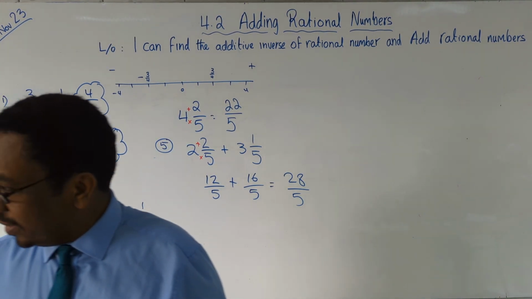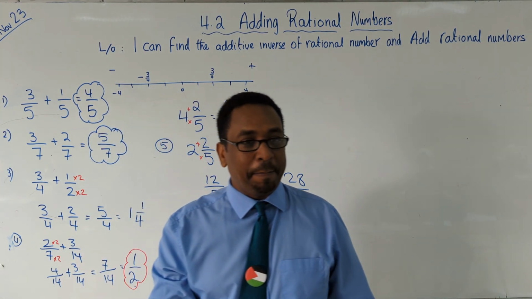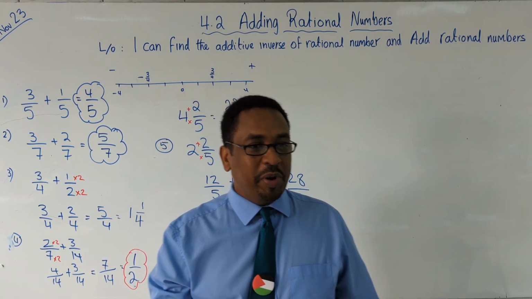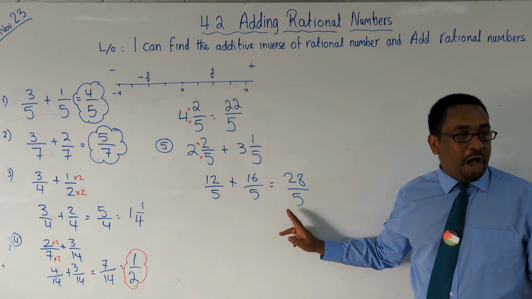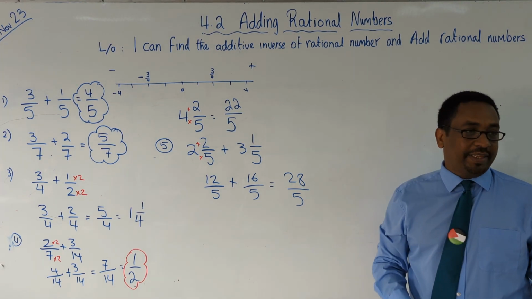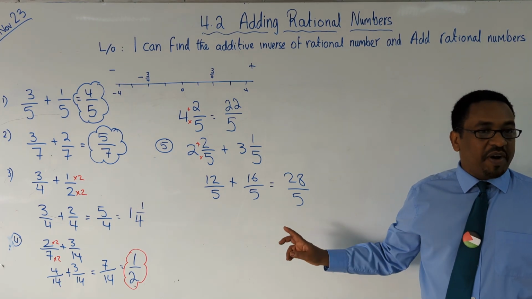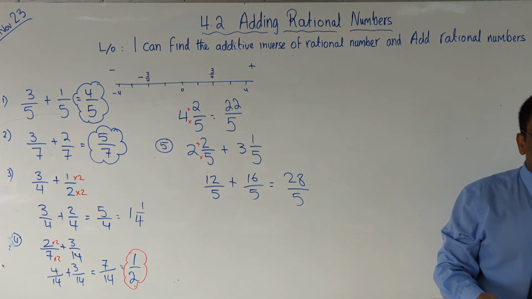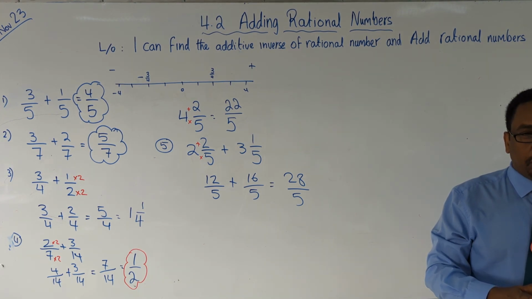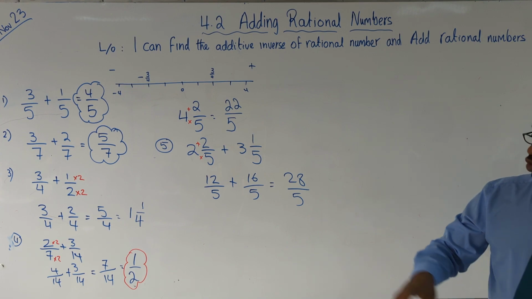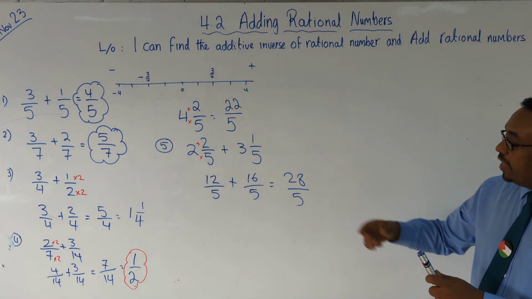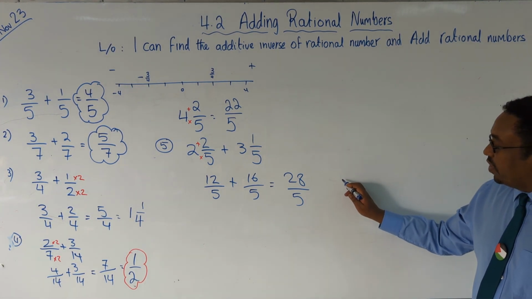How do we do it? Stay with me, please. Yes, we divide. We say how many 5s are in 28? 5? You sure? 6? Not 6, it's 5. So how many 5s are in 28? 5. So we put the 5 at the front.